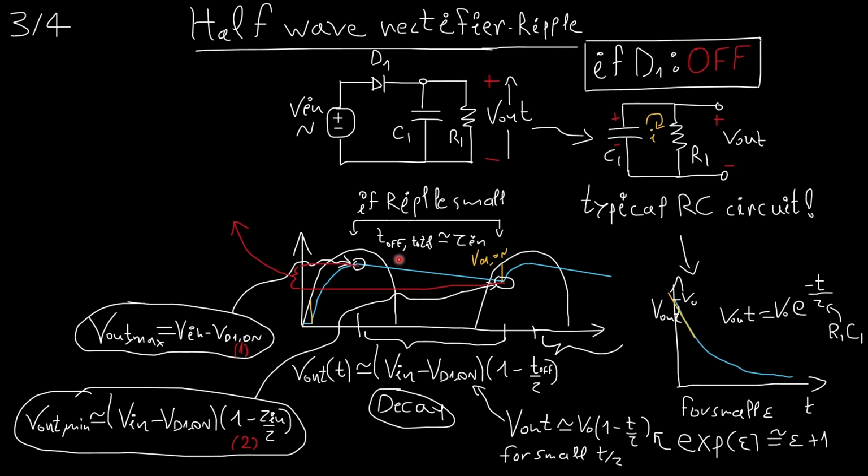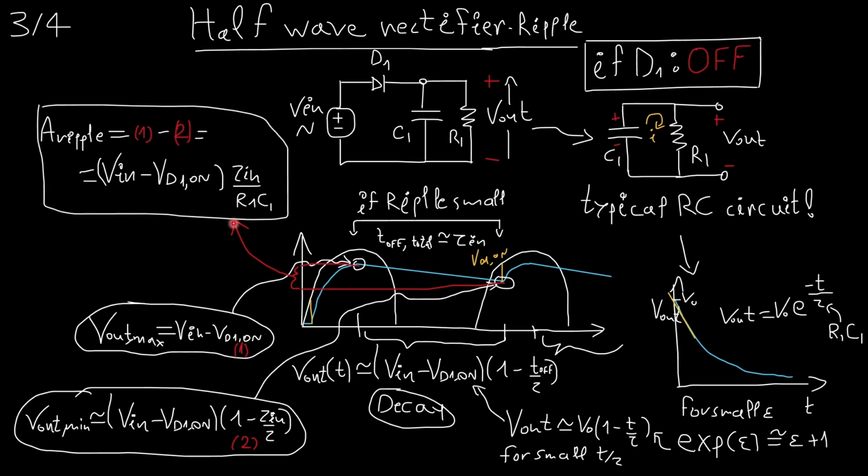Now, I'm interested in the voltage difference from here to here so that I can reduce the ripple. I'm going to introduce a new concept, the ripple amplitude. The ripple amplitude will be 1 minus 2. So it's going to be this minus this, and if I do the algebra, I get this result. This result is beautiful.